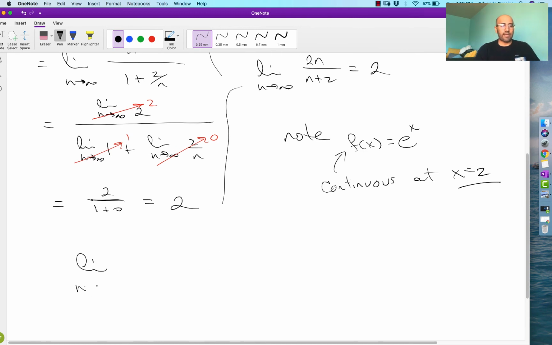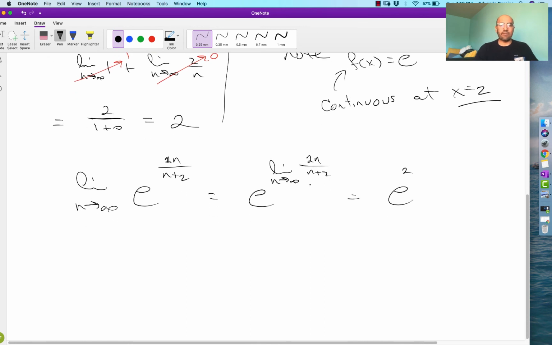The limit as n goes to infinity of e to the 2n divided by n plus 2 is equal to e to the power of the limit as n approaches infinity of 2n over n plus 2, which is equal to e to the second power. Right? And that's our answer.